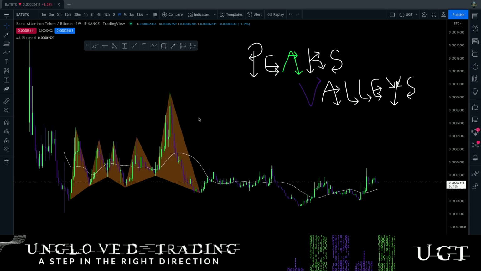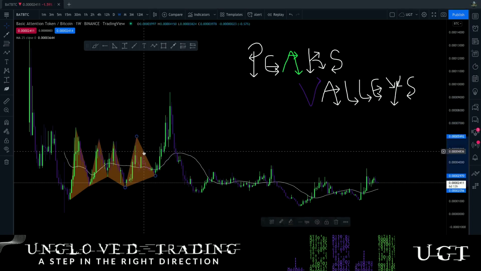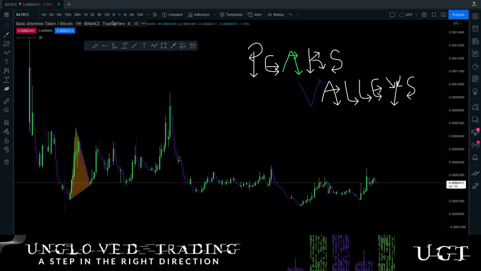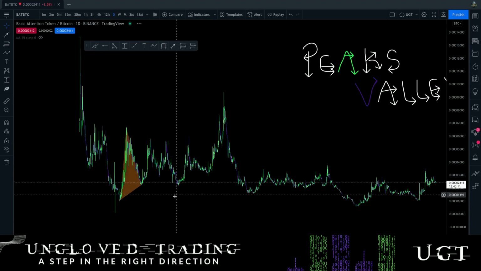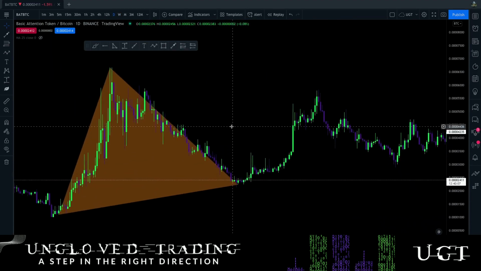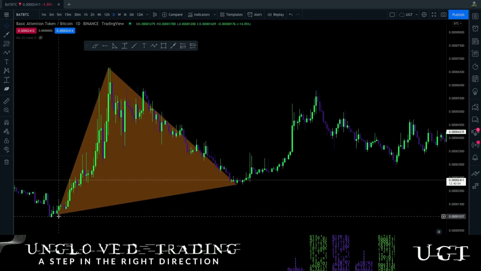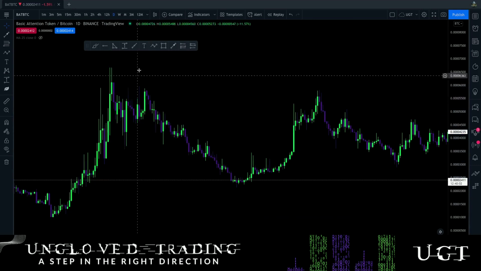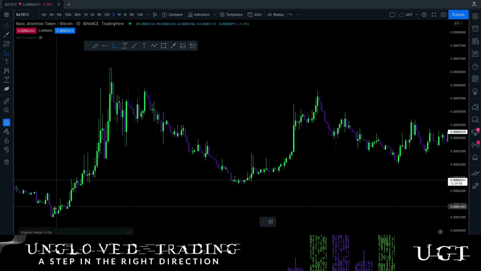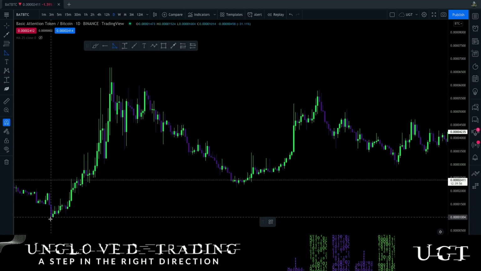So let's dig a little bit deeper now, and we are going to remove these. We're going to focus on this first peak and valley which we created down here. And we're going to use the daily time frame to look at this. So the creation of this peak and valley then, the accuracy is, we are going to, and we'll redraw this, attach this bottom left point using the magnet tool, and place it on the swing low.